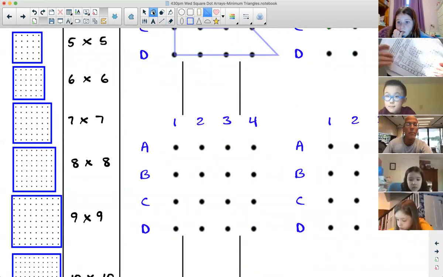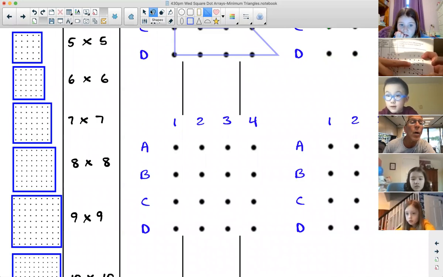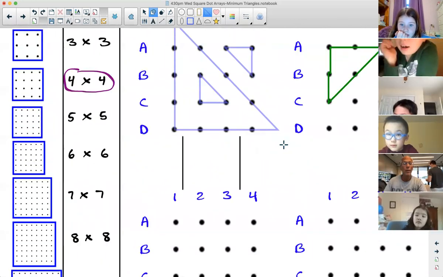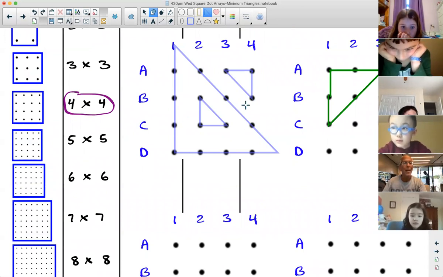Can you make triangles like this? Yes, you can. But as you can see, how many triangles have you created, Sunyi? 4. And how many were created in this picture? 3. Exactly.